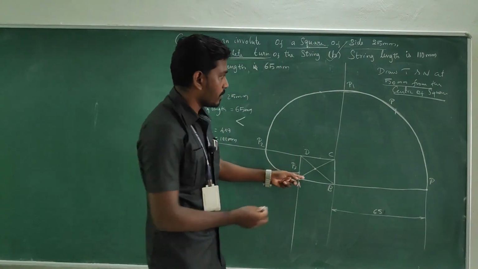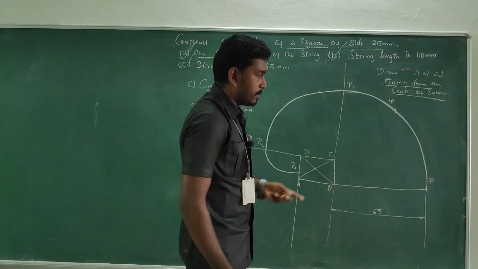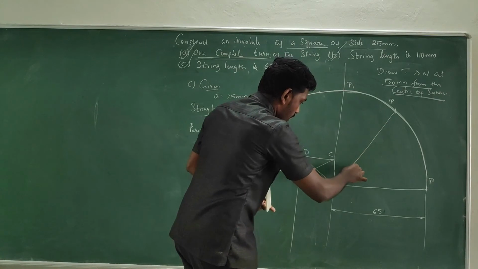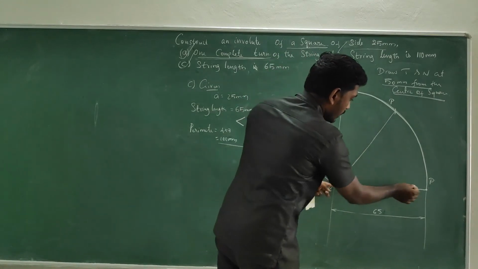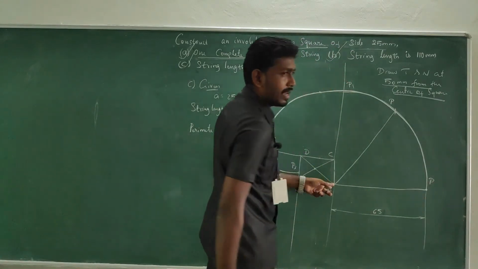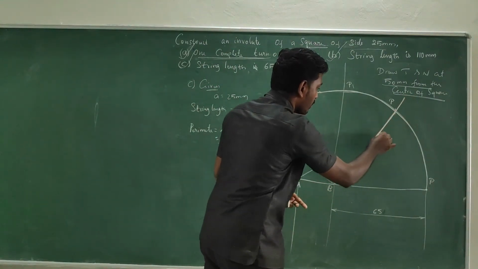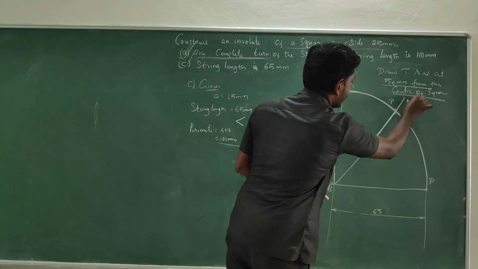The same principle: after taking this point P, take a line to the point from where this segment is generated and extend it. This is our normal, N dash.